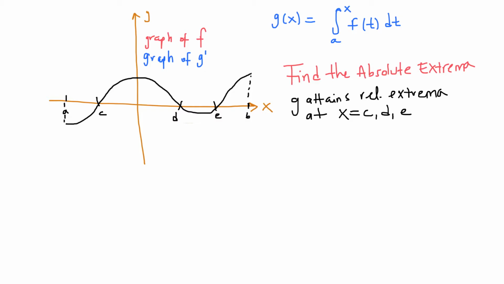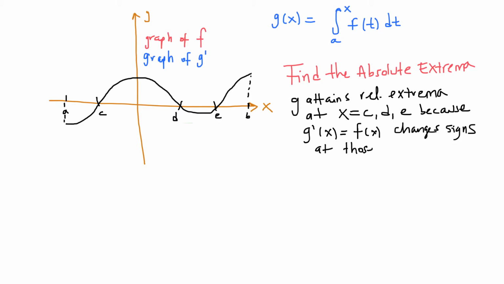I'm just going to say they're relative extrema because g prime of x, which is equal to f of x, changes signs at those points. And that's what makes a relative extrema, whether it's a maximum or minimum. But I do have to establish the fact that these are relative extrema.